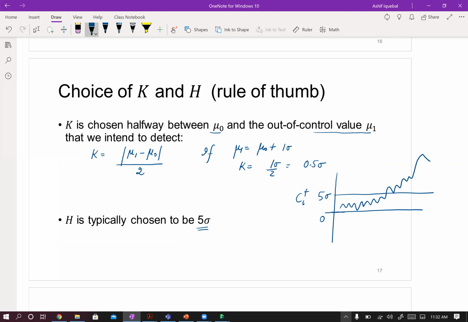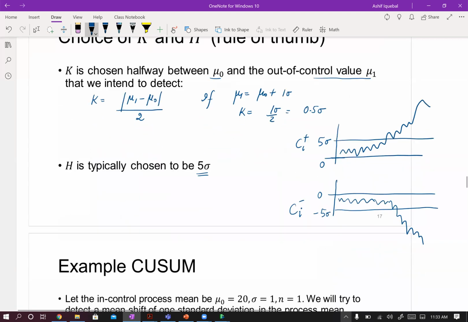Similarly, if you are making a control chart for Ci minus, your maximum value will be 0, and your control chart will plot below this, and whenever the change happens, it will start to drift. And somewhere here you will have your minus 5 sigma. Make sense? All right, let's solve a quick question here.